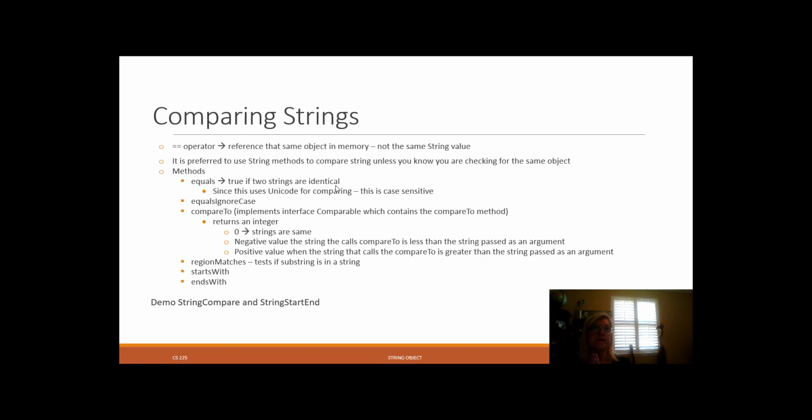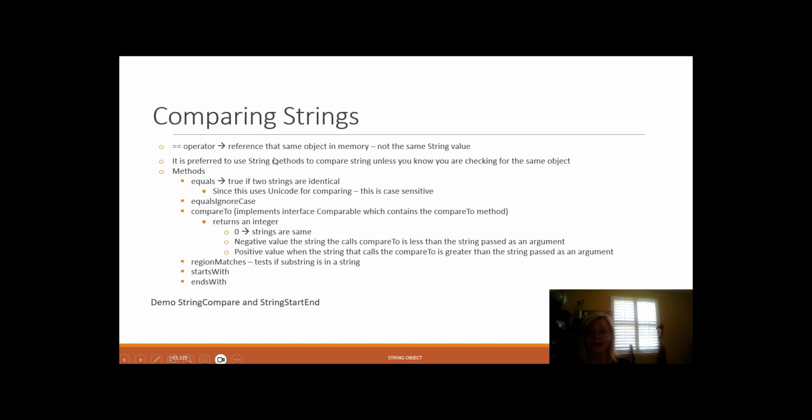Comparing strings. We've been using the equality operator. I noticed that some of you know about the dot equals. Some of you have used that in some of your programs. But at first, we just discussed the equality operator, which works wonderfully with primitives. Perfect. Don't need anything else. But if it's an object, and a string is an object, there can be some issues.